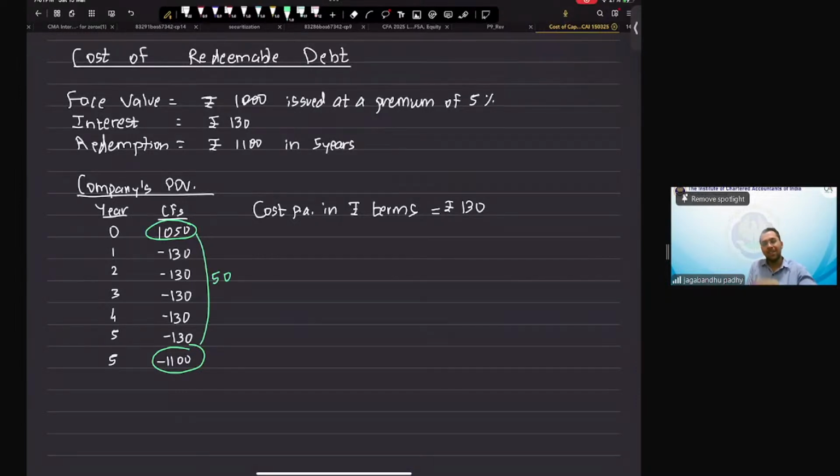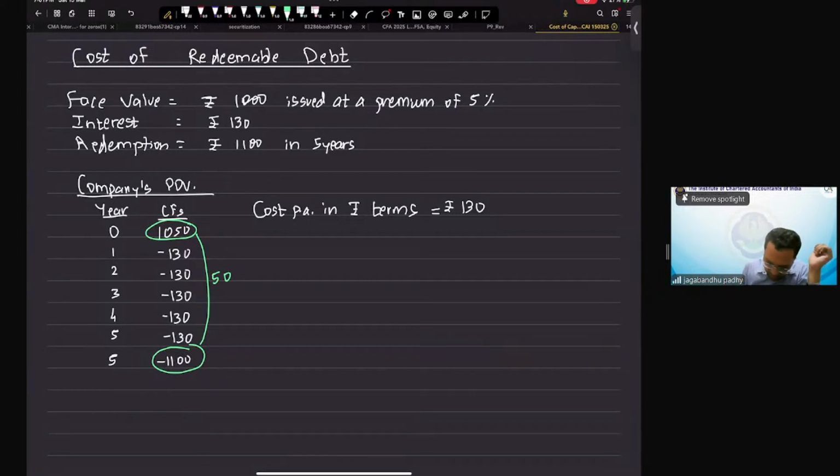50. But is that 50 your expense for a particular year, or is it an expense for all the 5 years? Should it be treated as an expense for the entire tenure of 5 years? Can I say for all the 5 years, right?